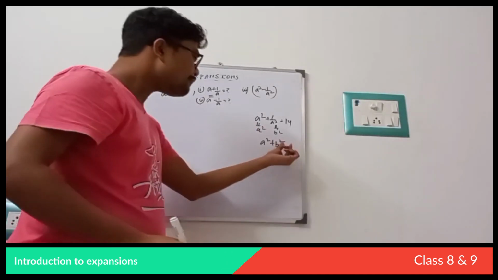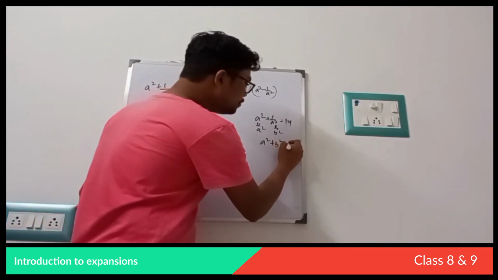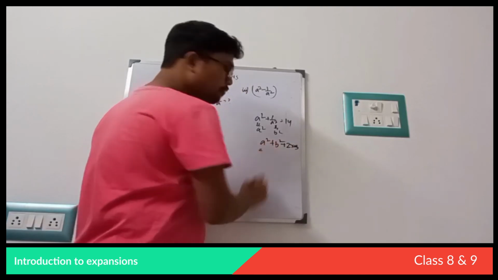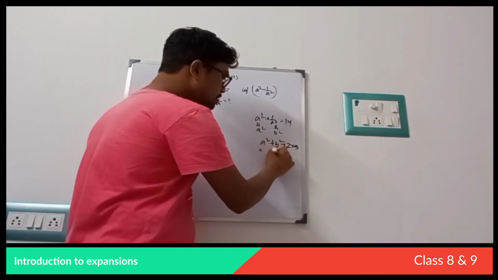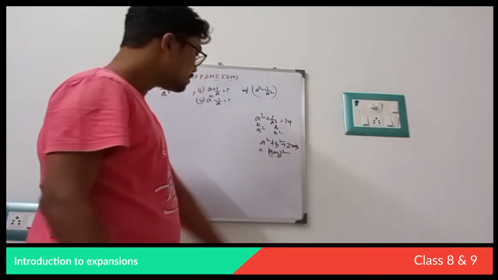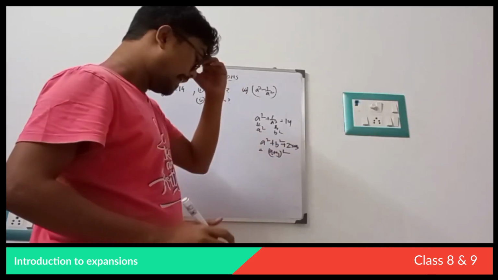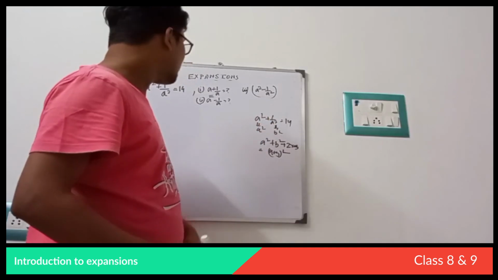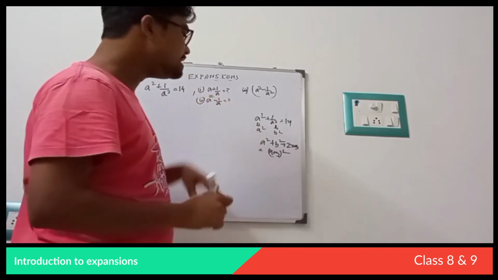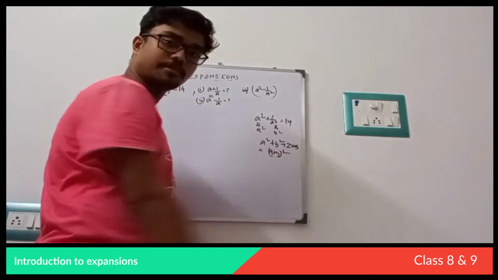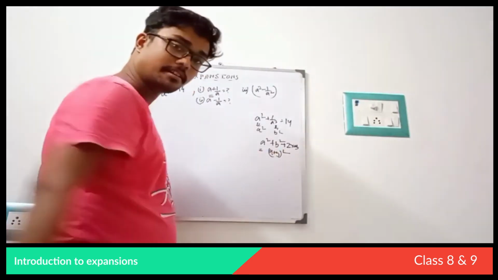Now if I add 2 into a into b, what will we get? A plus b whole square. So here we have to add 2ab, so now this is very easy to find a plus b whole square.